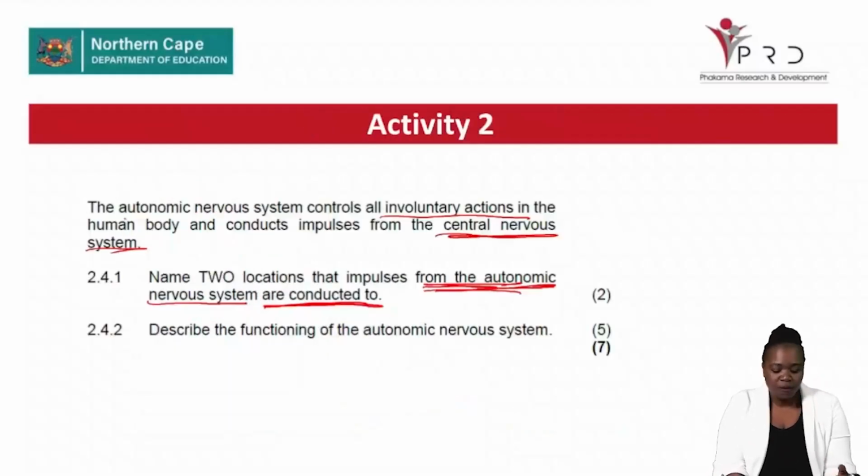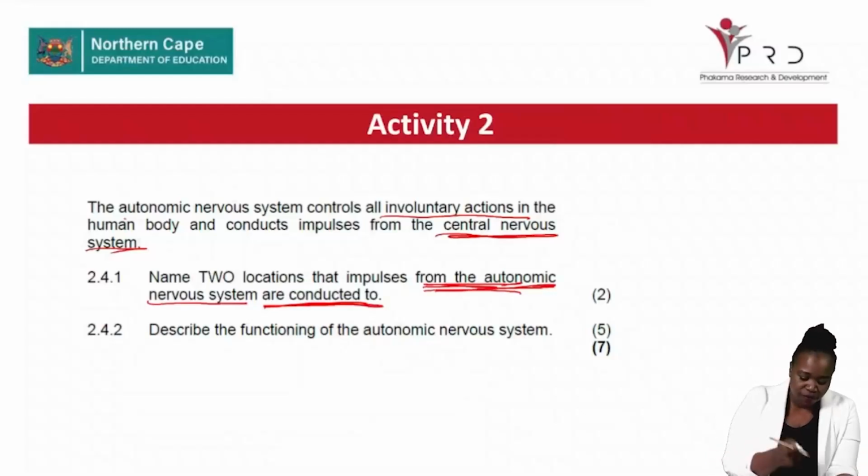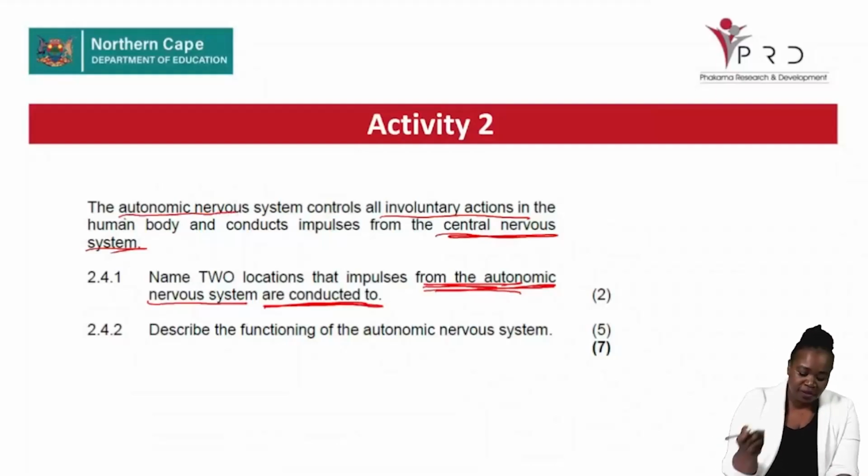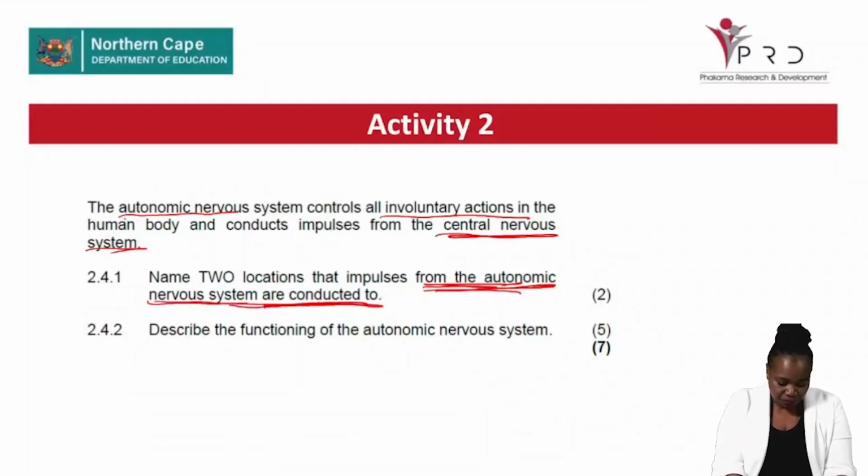We just spoke about the heart rate increasing. So the heart muscles would have to contract and relax differently due to the functioning of the autonomic nervous system. Your muscles as well would relax and contract differently as they receive these impulses from the autonomic nervous system.